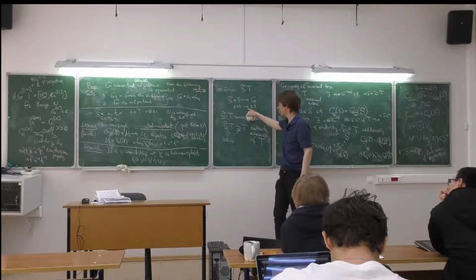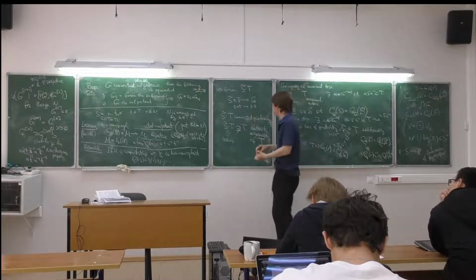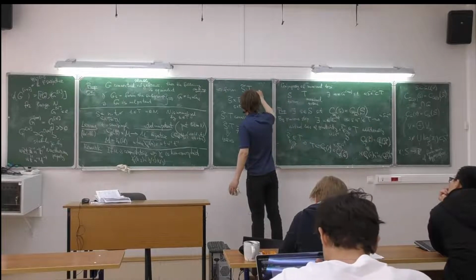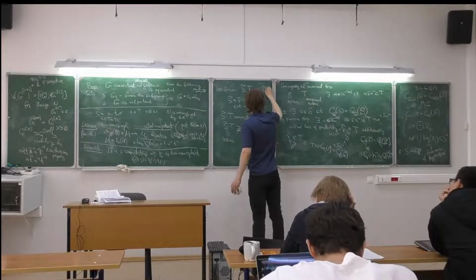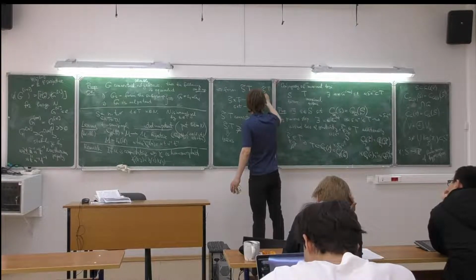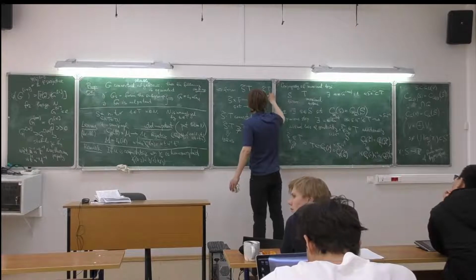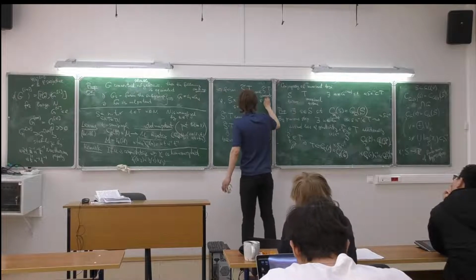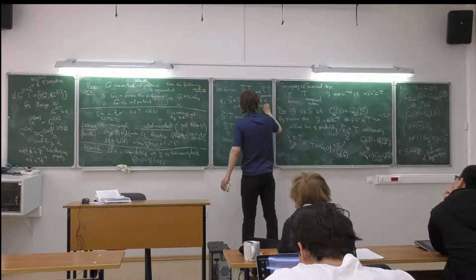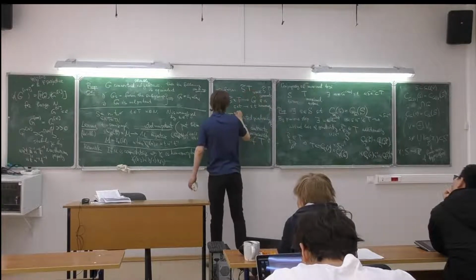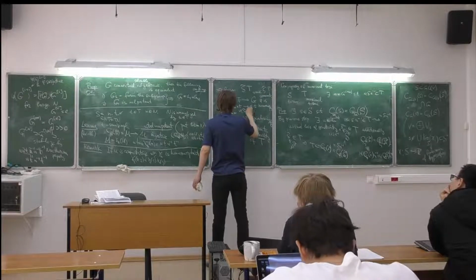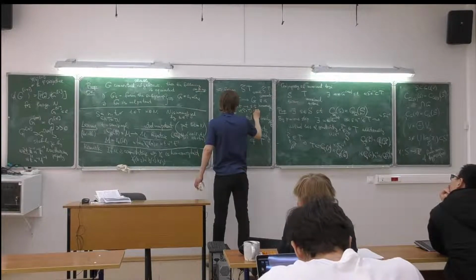Since S tilde and T commute, this phi is a homomorphism, and this implies that the image is an image of a diagonalizable group, the image of the maximal torus.